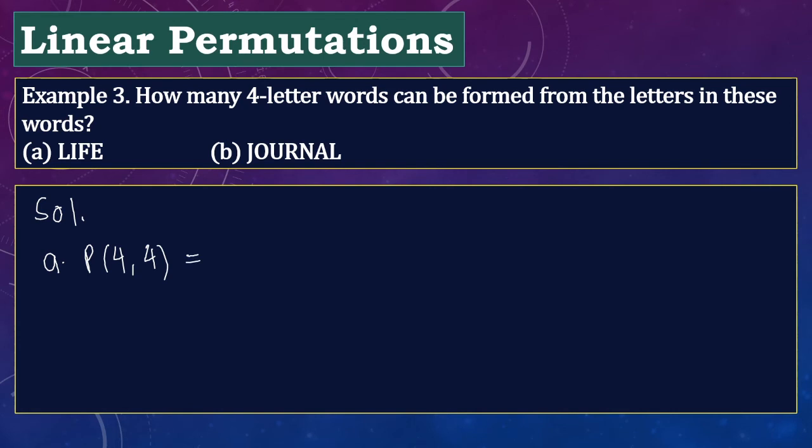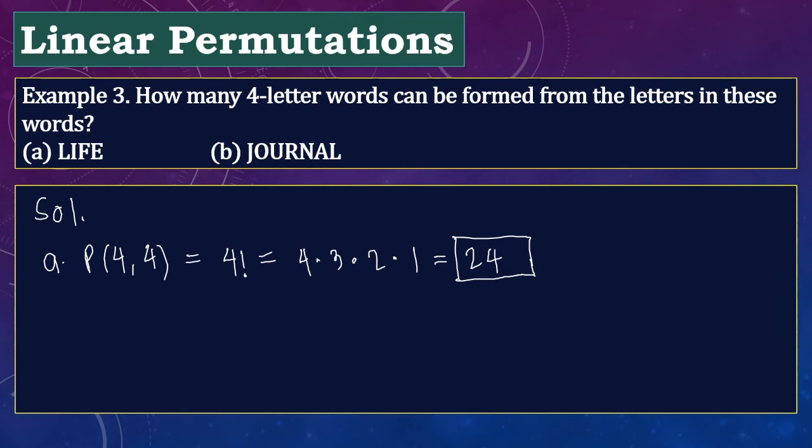So that is equal to 4 factorial. Tama? Or, this can be considered also as multiplying 4 consecutive numbers starting with 4. So 4 factorial equals 4 times 3 times 2 times 1, and that is equal to 24. So we have 24 4-letter words na na-form natin dito sa letter A, gamit yung mga letters sa word na life.